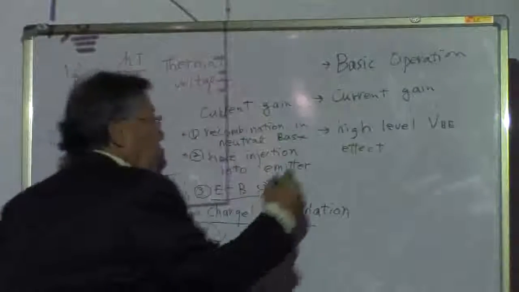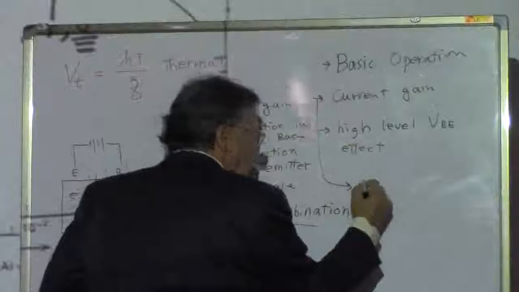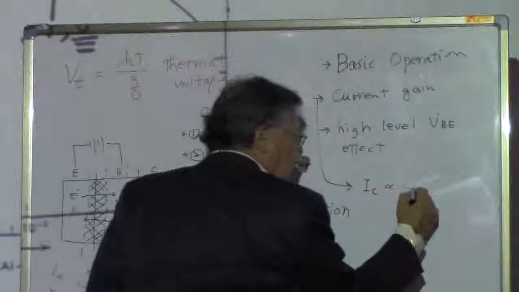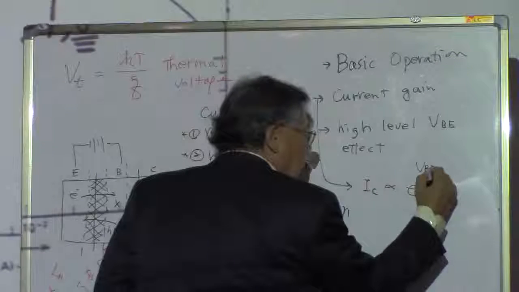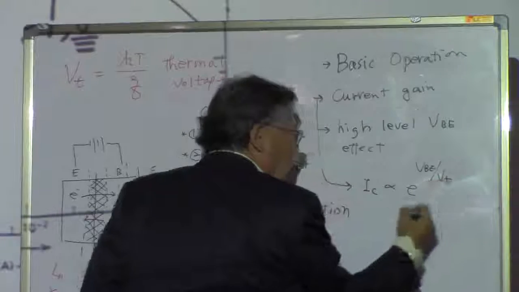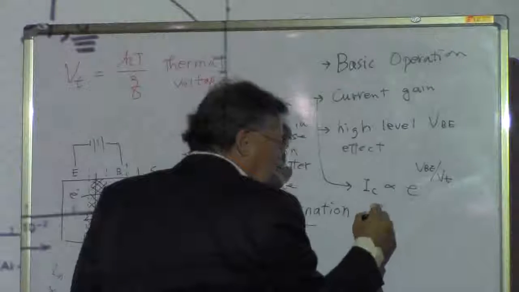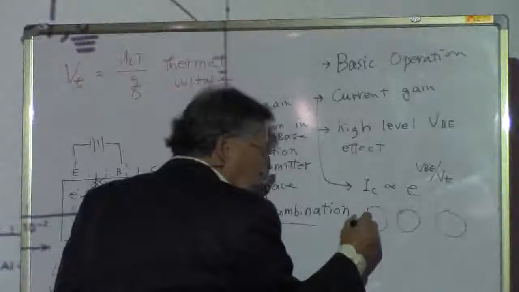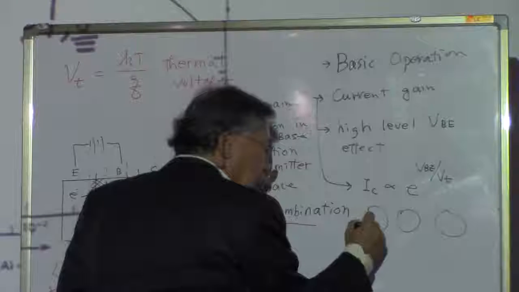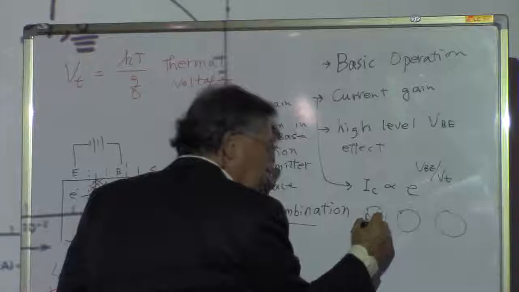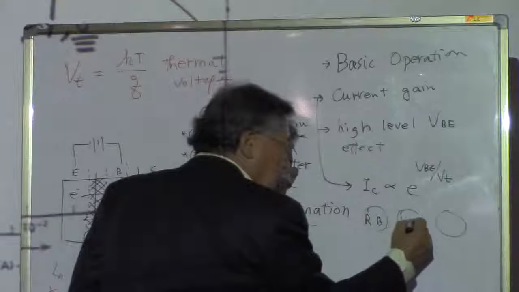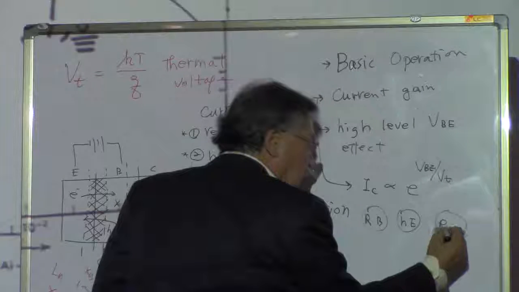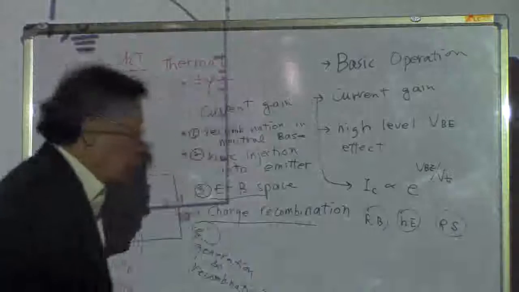Okay? And then in this current gain, we have the collector current, which is usually proportional to e to the VBE over VT, but it has three factors contributing to this collector current. One is the recombination in the base, then hole injection into the emitter, and the last part is recombination in the space charge region.